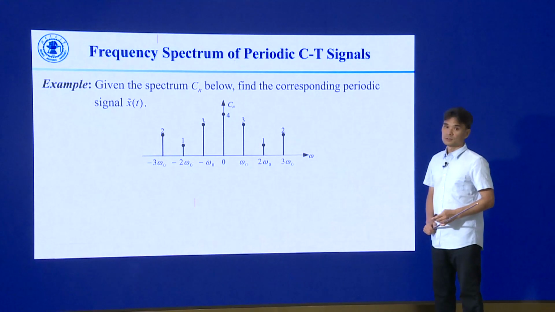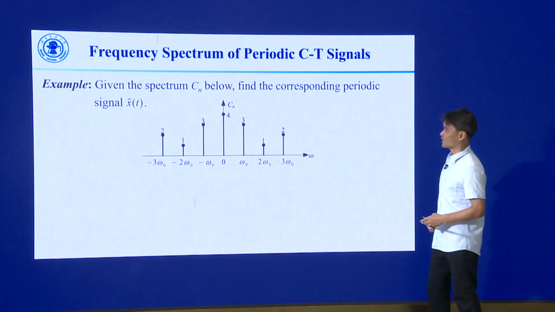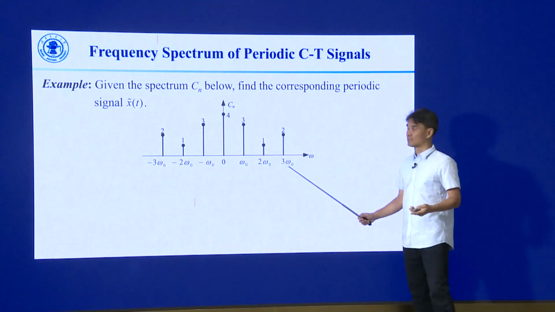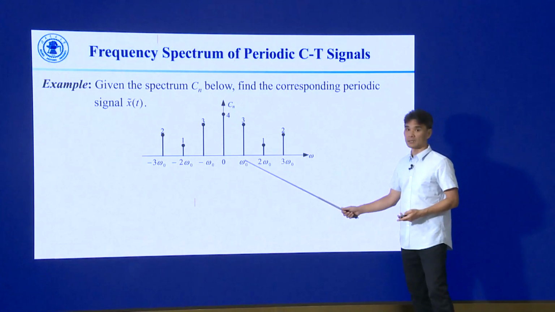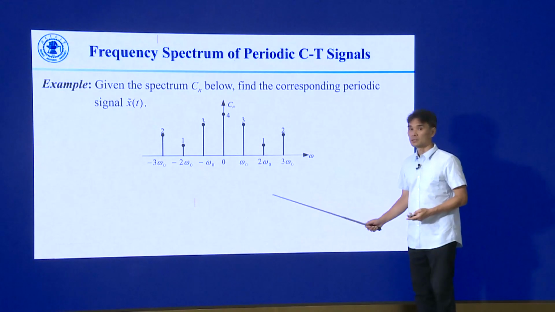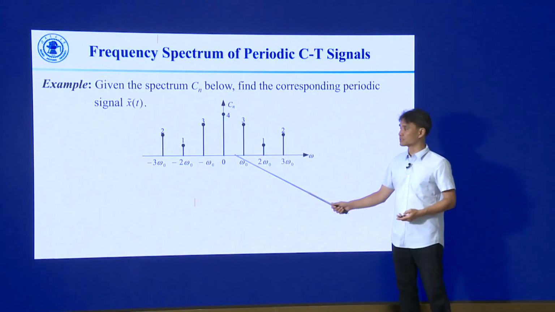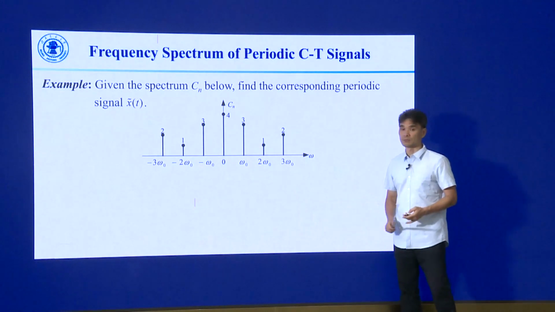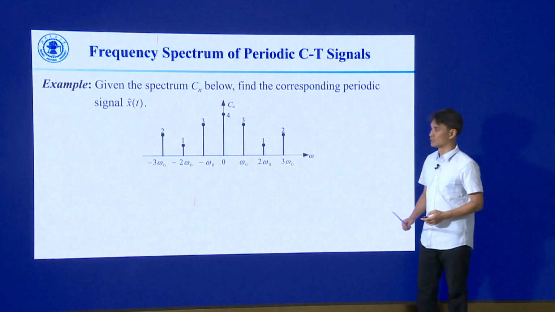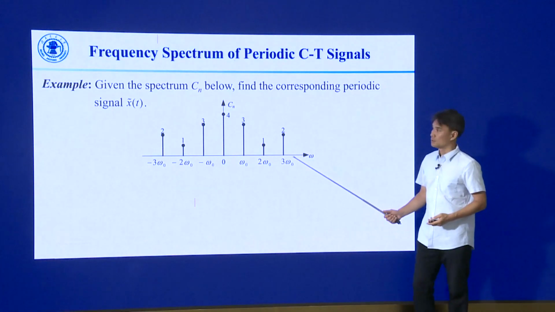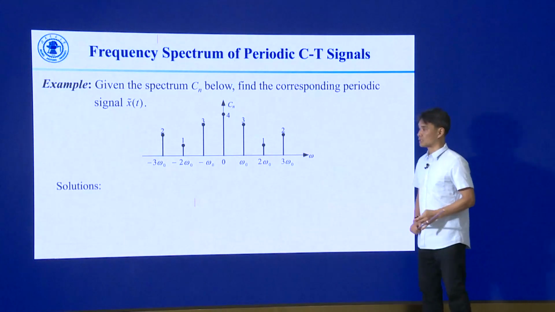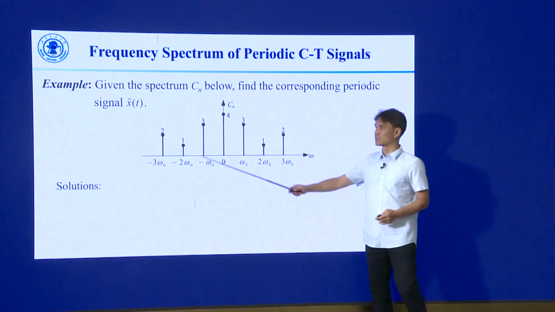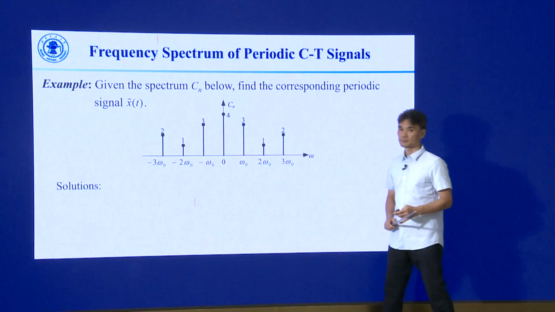Here's another example. Because we say that the time domain and the frequency domain are in one-to-one correspondence, if you are given the spectrum of a signal, then we should be able to figure out the signal in the time domain. So here is the spectrum. How can we figure out the original signal in the time domain?